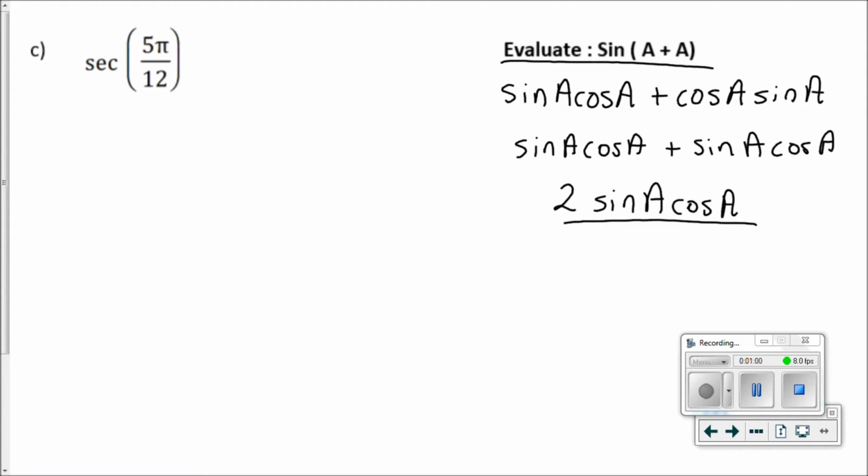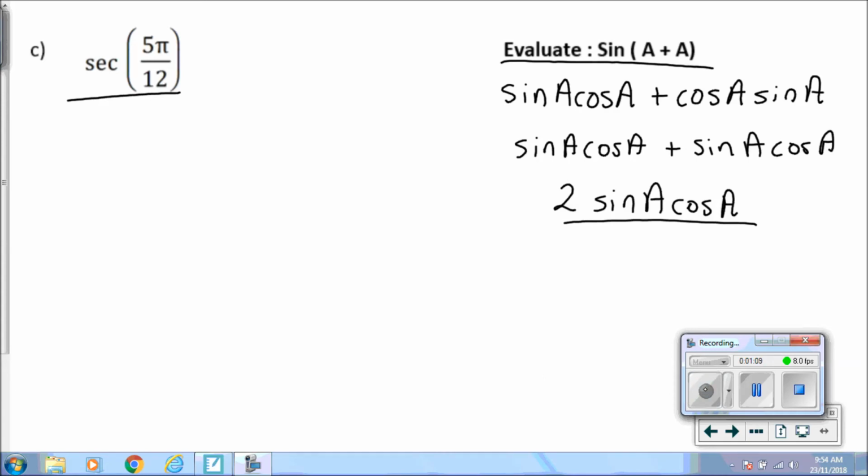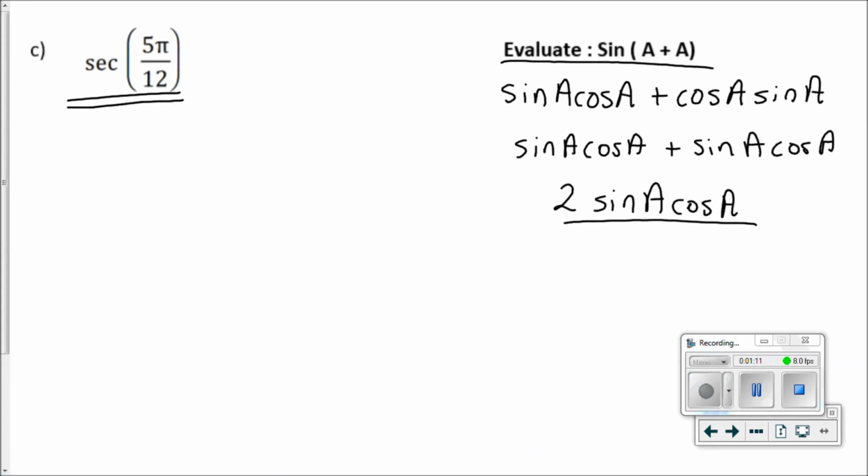All right, if we turn our attention to this one, secant 5 pi over 12, what I'm going to find first is the cosine of 5 pi on 12. And then when I get my answer, I'm going to take the reciprocal of it to then get back to the secant. So 5/12, I want to think about how to obtain 5/12 as my answer.